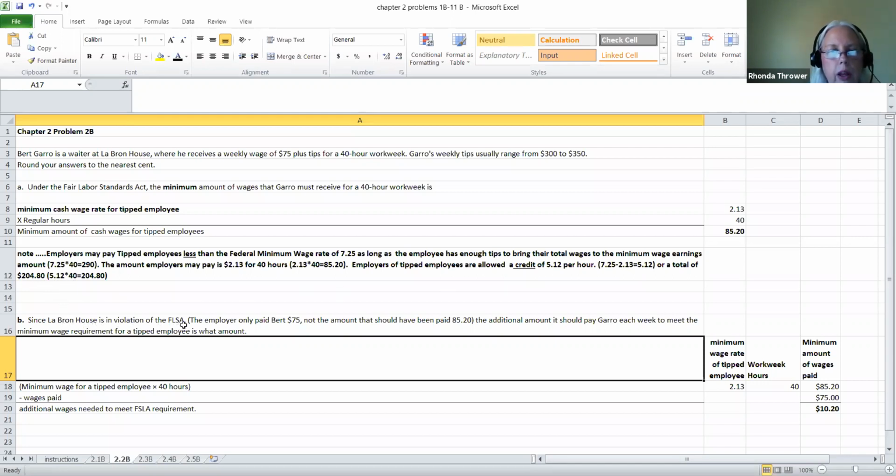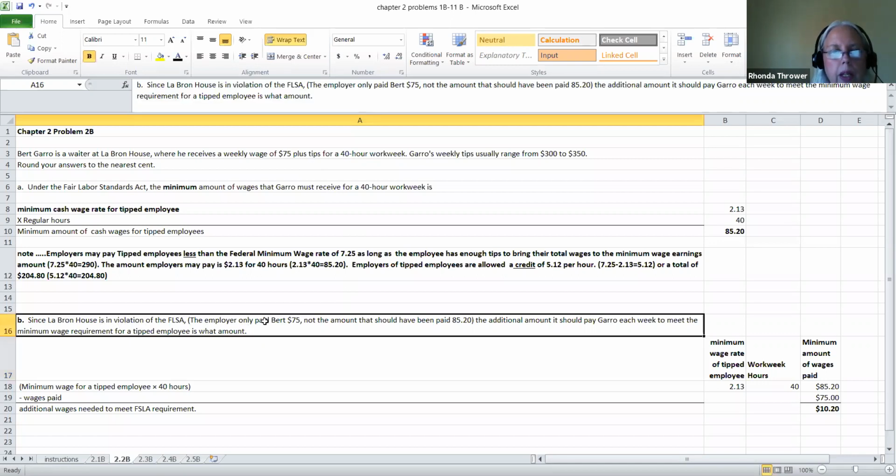In the B part of this problem, it says since the LeBron House is in violation of the Fair Labor Standards Law, remember they have to pay at least $85.20 to their tipped employee. They were not doing that. They were just paying $75. So since LeBron House is in violation of the Fair Labor Standards Act, the employer is only paying Bert $75.